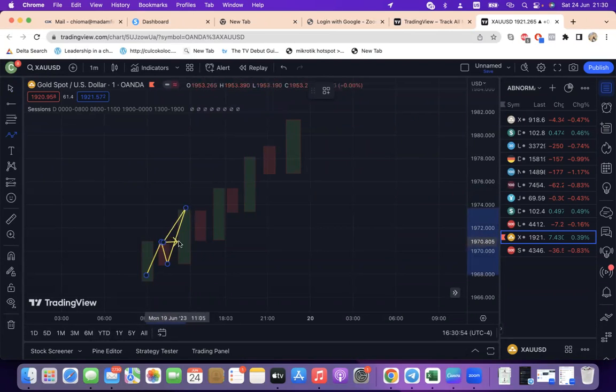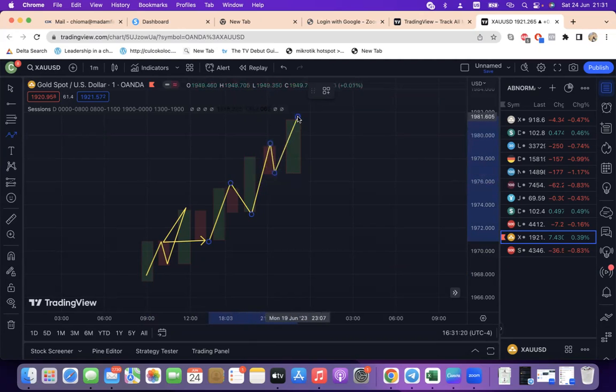You can see it's the same level right there. And then she moved up again from here and pulled back to the same level as this one. Now she moved up again. She pulled back, but she did not come down to the level of this one before she went up again.